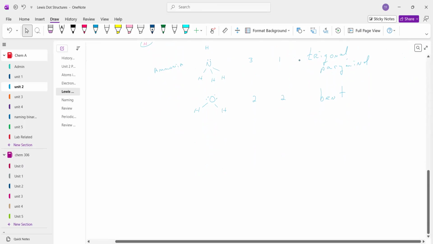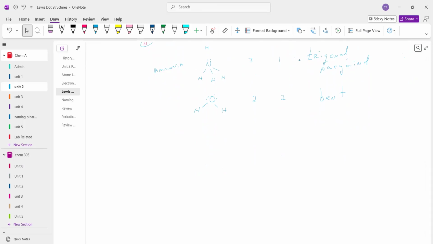Let's look at, trying to think of the example your lab uses, formaldehyde. Okay. So how many bonds? 2.